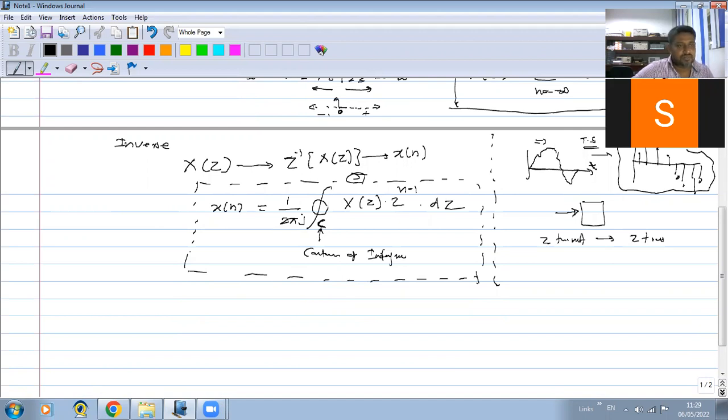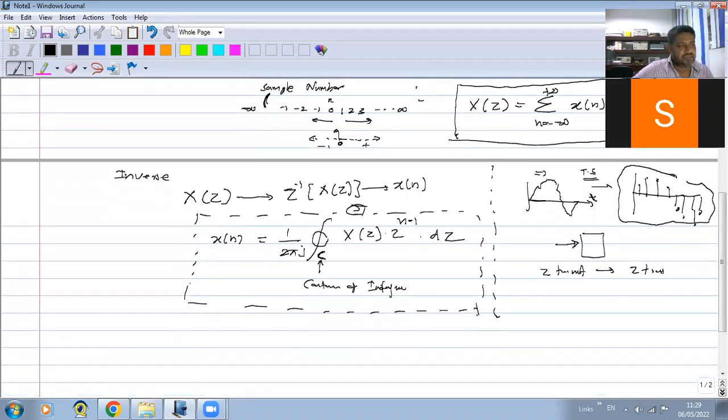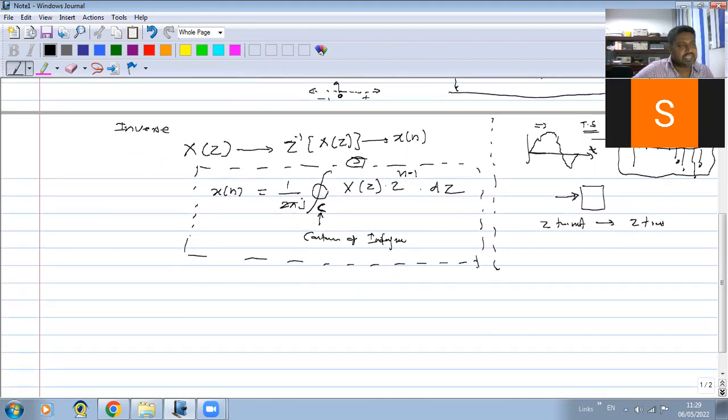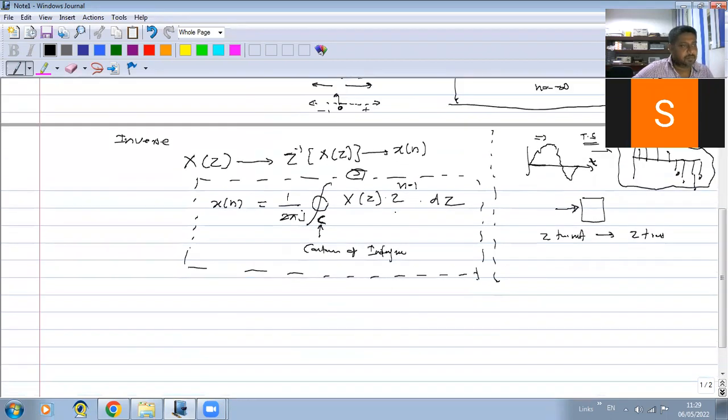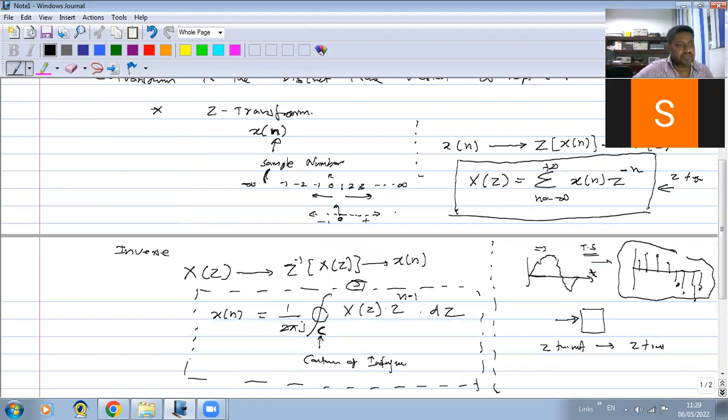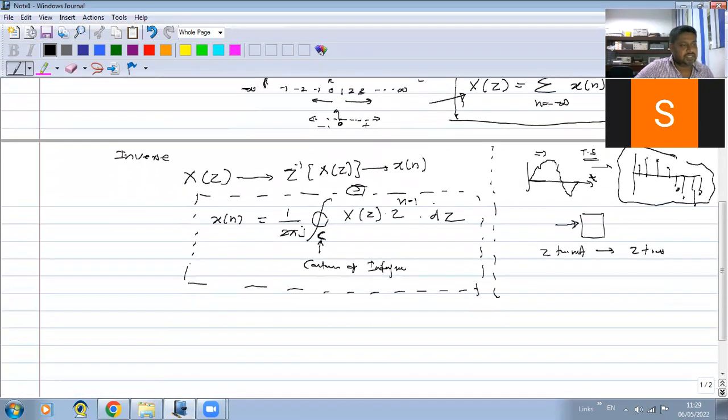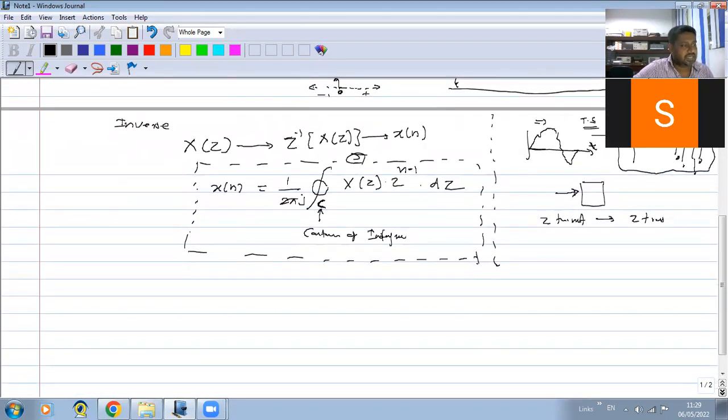We normally use the Z transformation, and very rarely the inverse Z transformation. So mainly we are focusing on the Z transformation, though you can remember that there is a formal way to convert a Z transformed signal back into a time series.